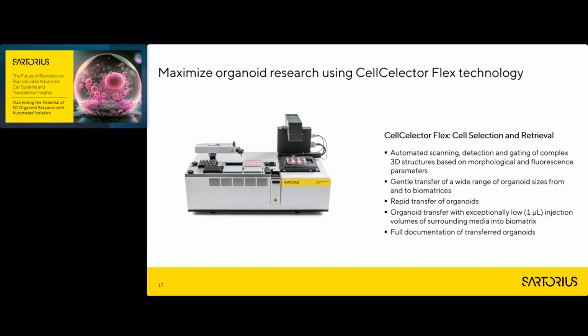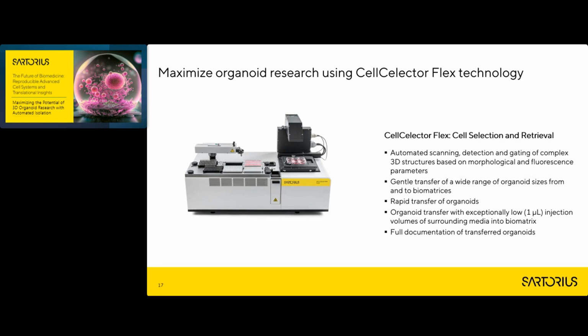Organoid transfer with exceptionally low volumes allows us to inject only desired material in a biomatrix without generating any additional bubbles, which means that we can completely control the process and move on to our drug testing without worrying about morphological changes that can potentially happen after the transfer.